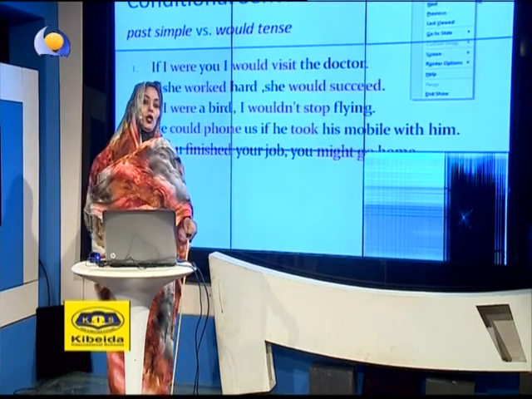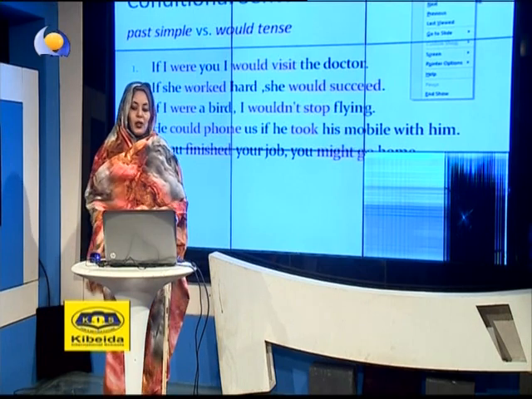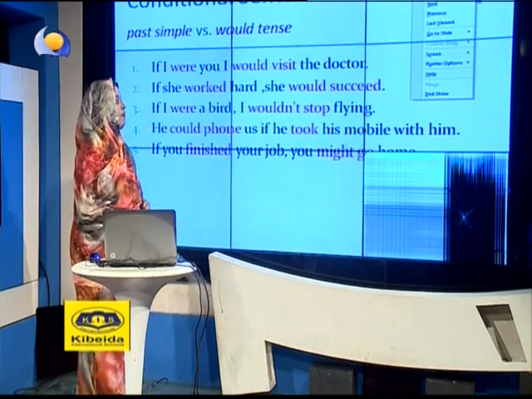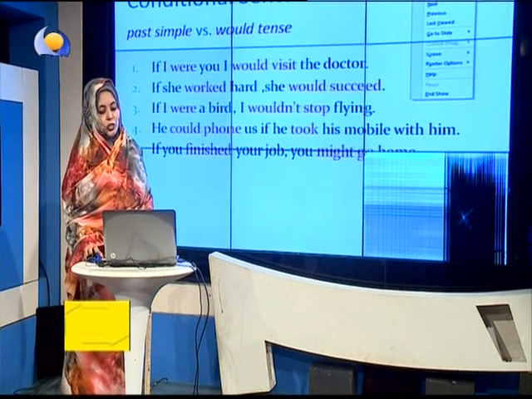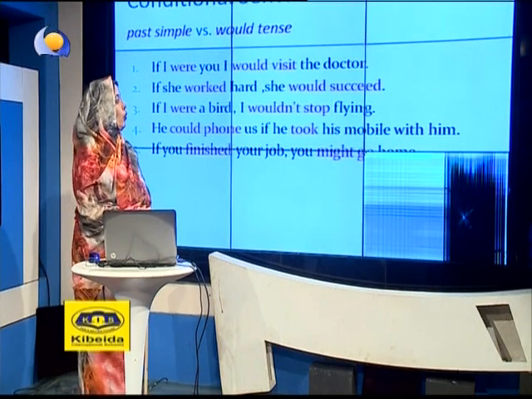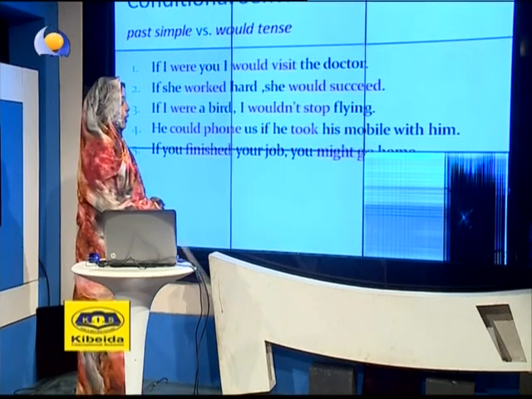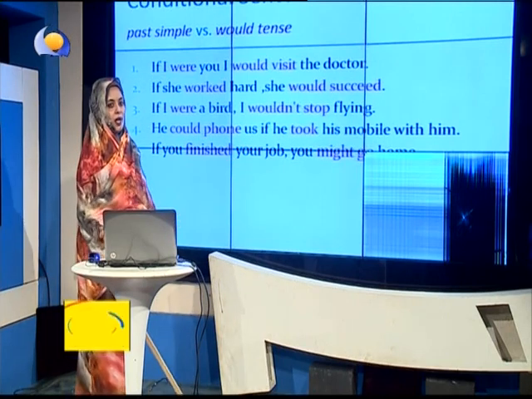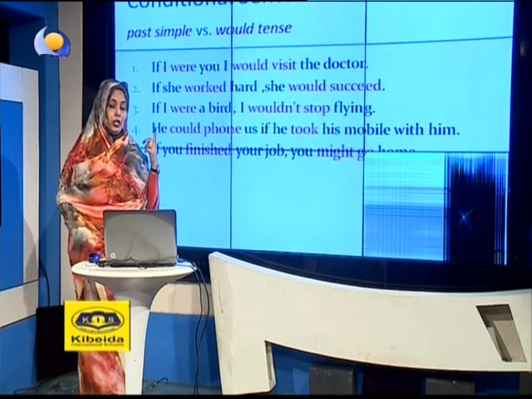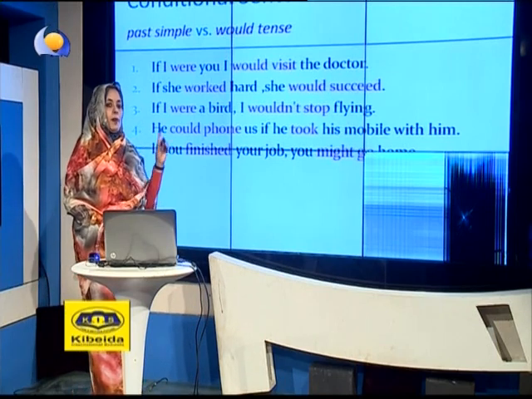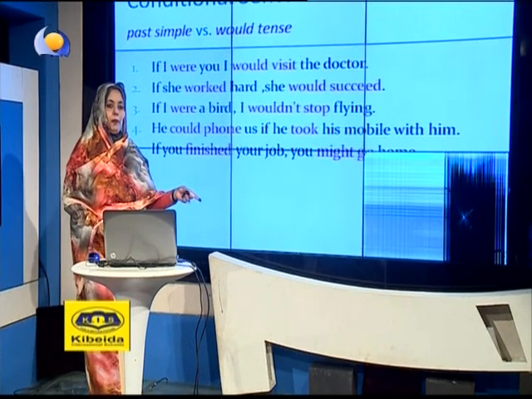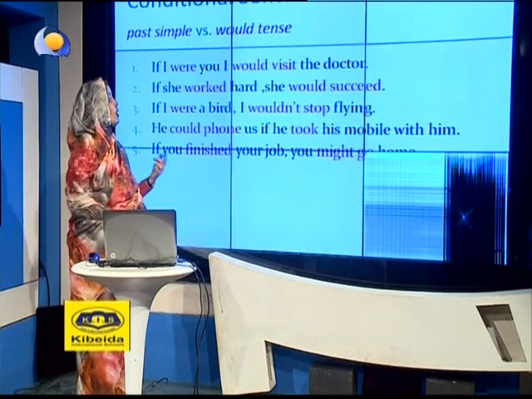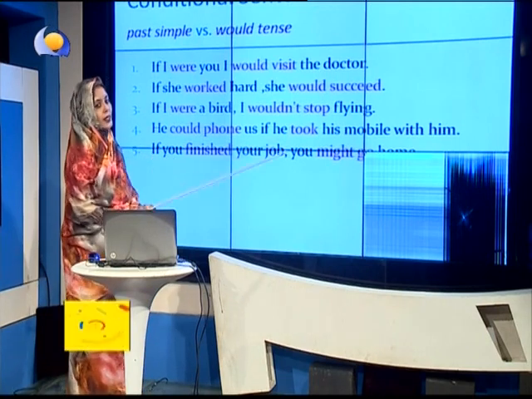Most important to decide is to look at the given part. Whenever you want to decide, just make sure you read well what is given so that you will continue the other part. As we said, in if one, you use present simple with future simple. In if two, you use past simple with would tense.